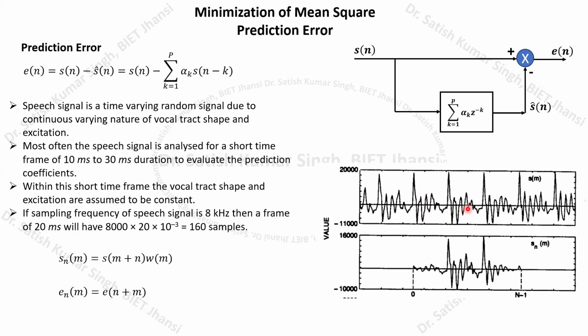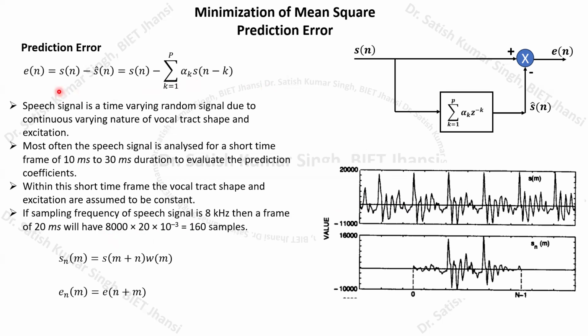We split the entire speech sequence into smaller frames, and the frame size is going to be 160 samples, because I have considered a sampling frequency of 8 kilohertz and a frame duration of 20 milliseconds. Within this duration, we have to evaluate these values of alpha k, which is our predictor coefficient.